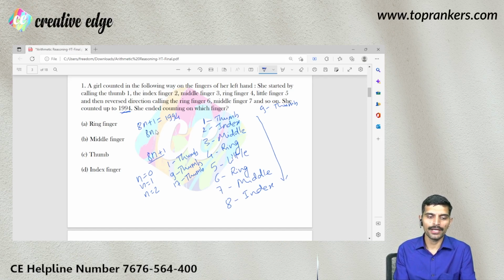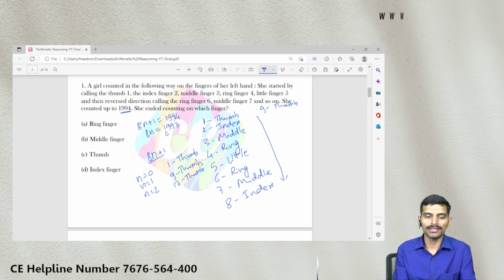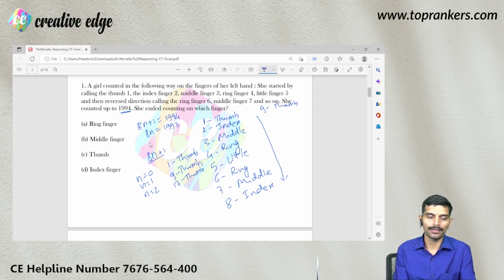So that gives 8n equals 1993. And definitely 1993 is not divisible by 8 because it is an odd number. So we'll try to get a number that is completely divisible by 8.